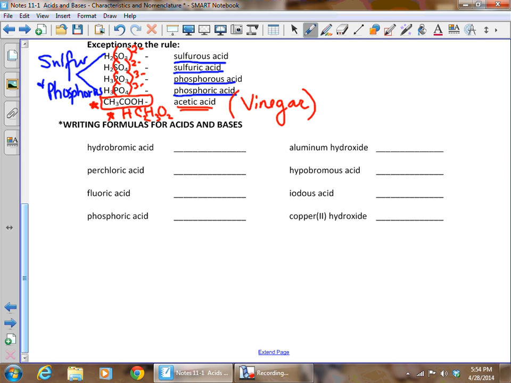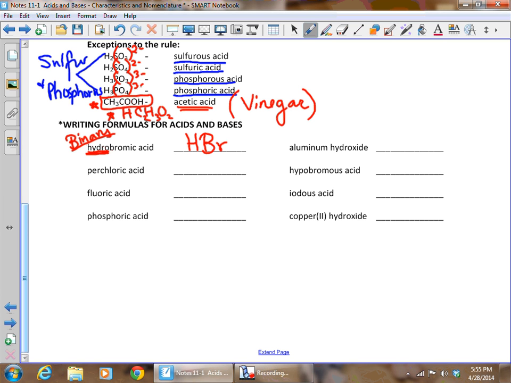So the last thing we want to do is to be able to write formulas for these acids and bases. As soon as we see hydro at the front, remember, if you look at the top of the notes on this page, it tells you it's a binary acid. And a binary acid simply has H at the front with the element for the root, which is brom, which is bromine, and it's HBr.